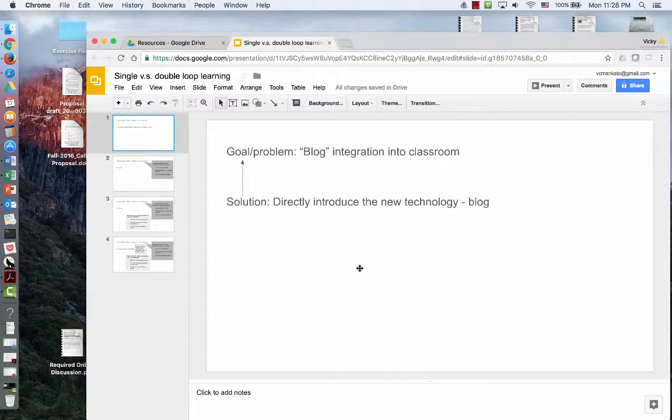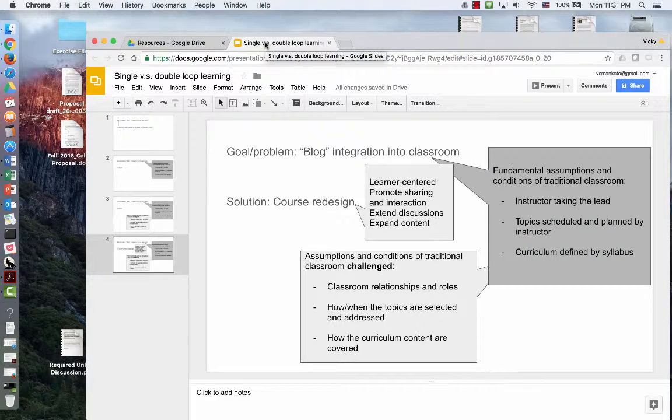In the double loop learning process, in order to address the problem, we are first trying to understand the fundamental nature of that problem by examining the assumptions and the conditions of the context.